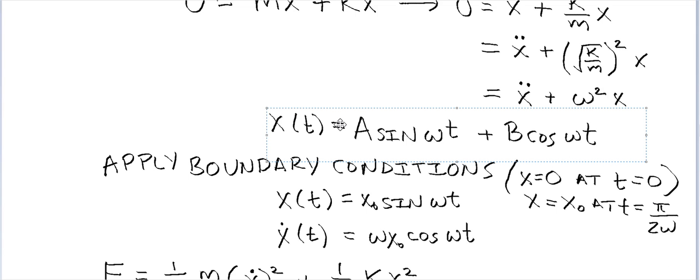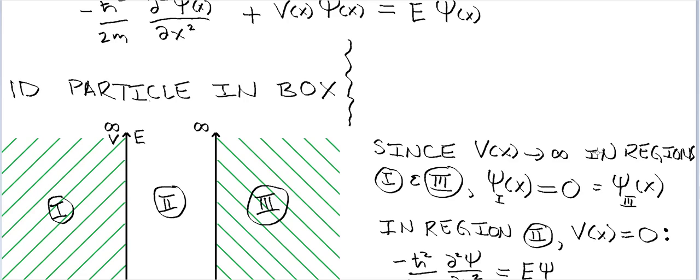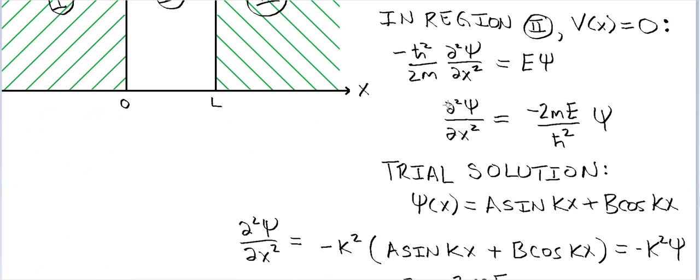And we said that the solutions to those took on the form a sine omega t plus b cosine omega t. Well, we have some intuition then that a good trial solution here would be psi of x is equal to a sine kx plus b cos kx, where k is just the square root of 2mE over h bar squared.